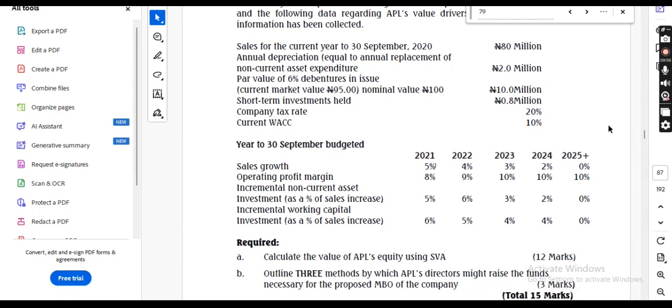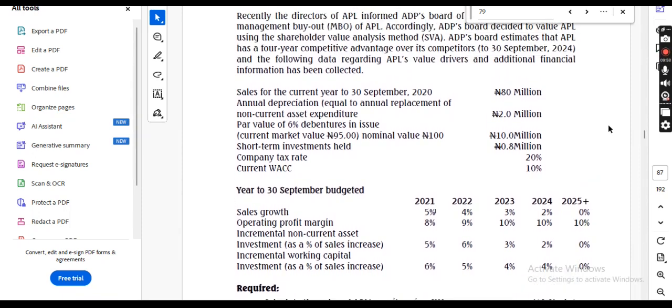It is logical that we just have to look at it in this part that the competitive advantage is for 4 years. So why do you have 2025? That is the first question, even if you did not see plus here. Then you could conclude that 2025 is the beyond.